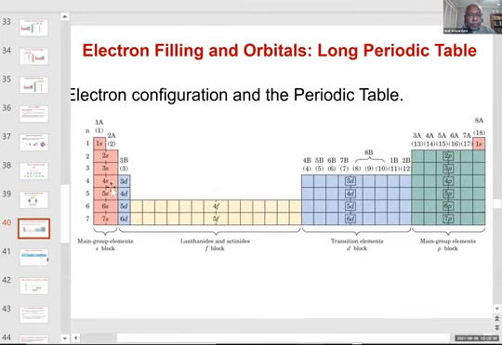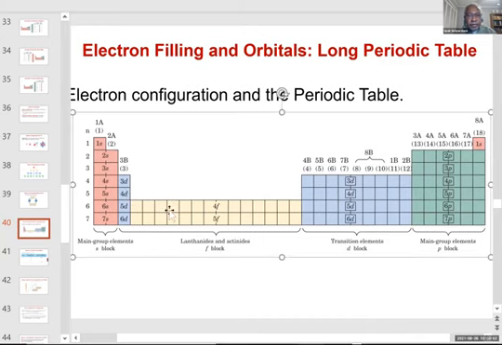Shell 4, you count the 2, 10, 12. Okay, shell 4, you count the 4d. And the 4f is 14 of them.